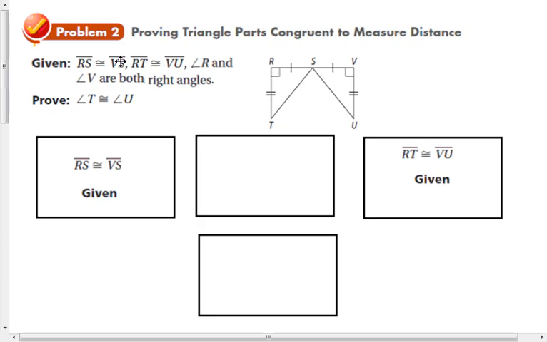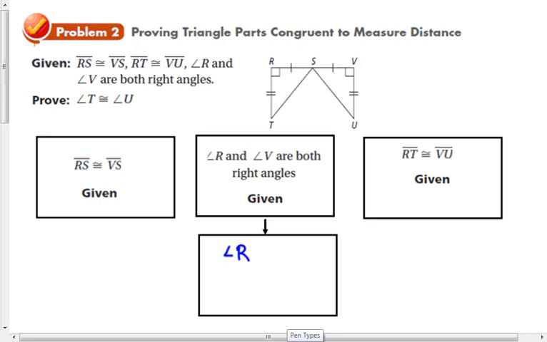Now we're given our angles, angle R and angle V are both right angles, and that's also given. And this leads to the fact that angle R is congruent to angle V, and that's because all right angles are congruent.